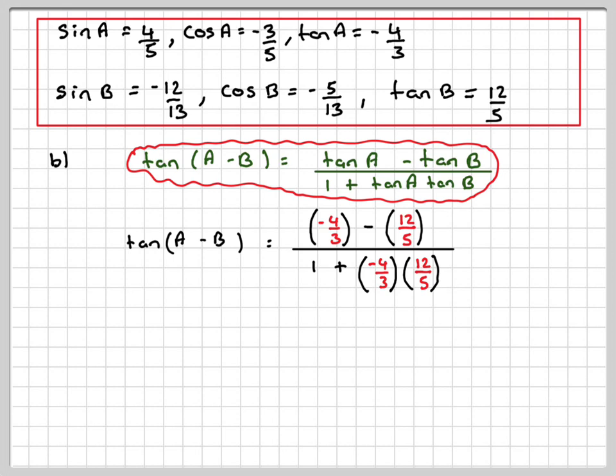So that's going to give me minus 56/15 on top. Over here the bottom bit will give me minus 11/5, which will give me a positive answer of 56/33.